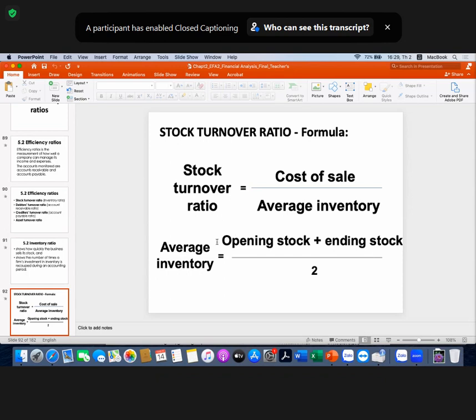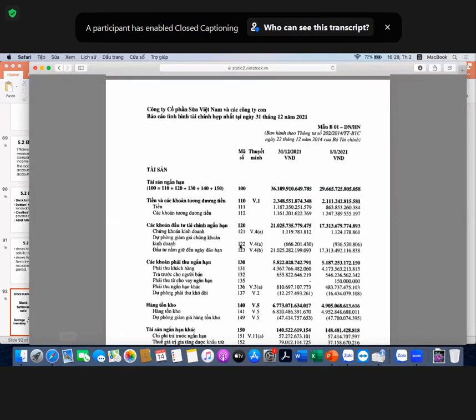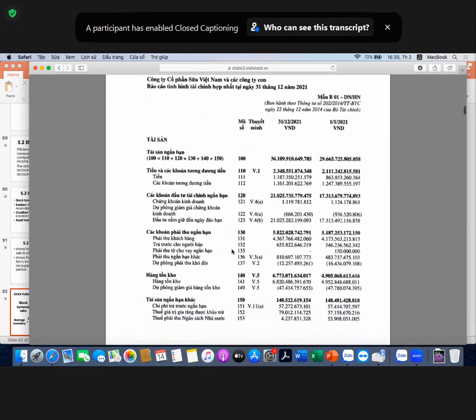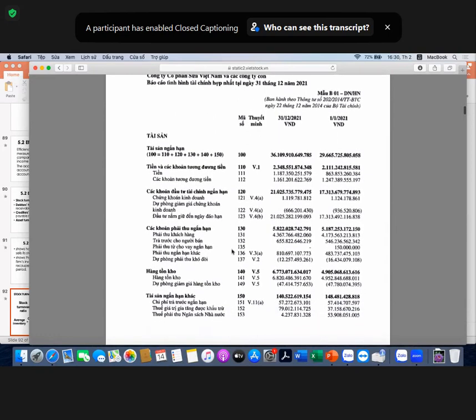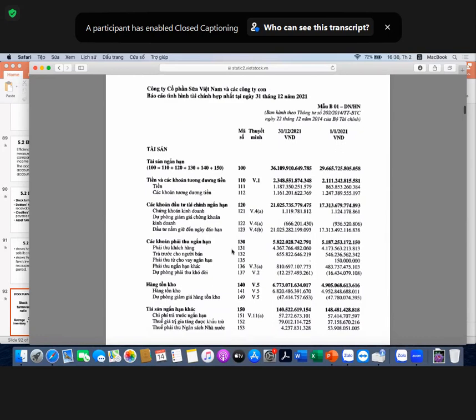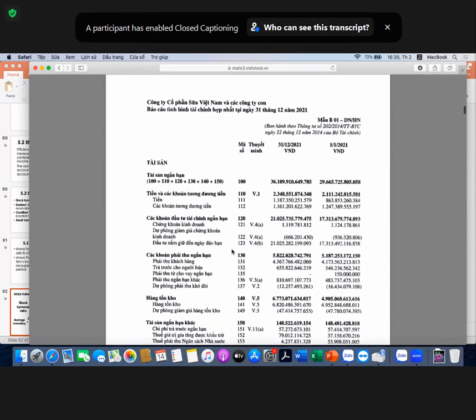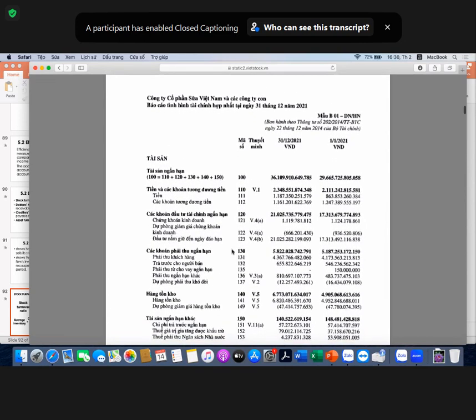So, back to the financial ratio. What is the inventory ratio of Vinamilk in 2021?